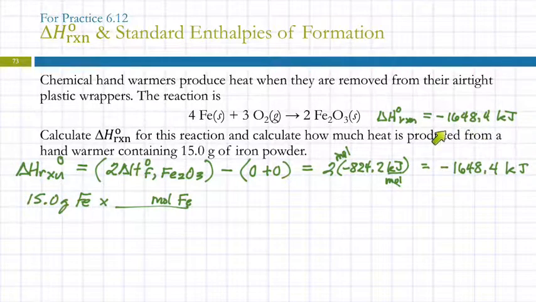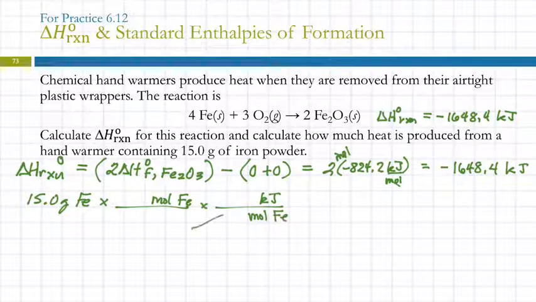But energy, so we get to moles of iron, and then we can go directly to kilojoules, because we've got the relationship between kilojoules and moles of iron. And we know the relationship between moles of iron and grams of iron, because that's the molar mass of iron. So 1 mole of iron weighs 55.85 grams.